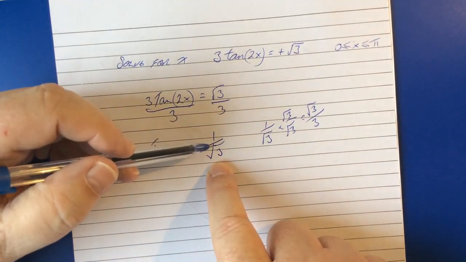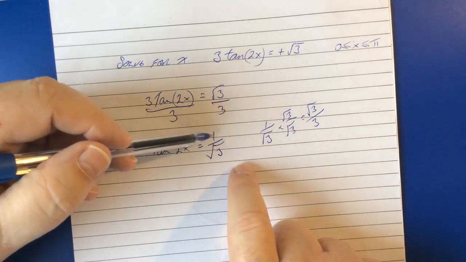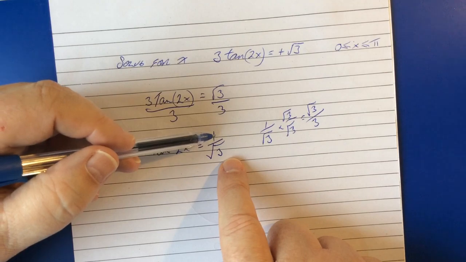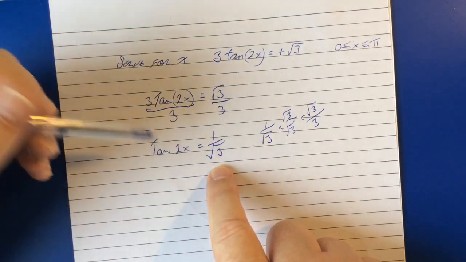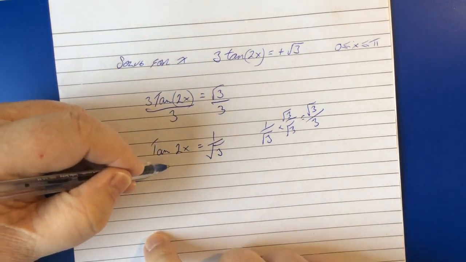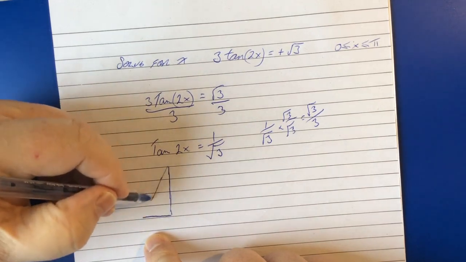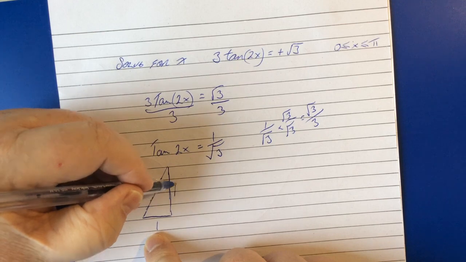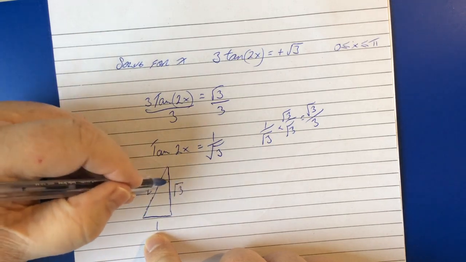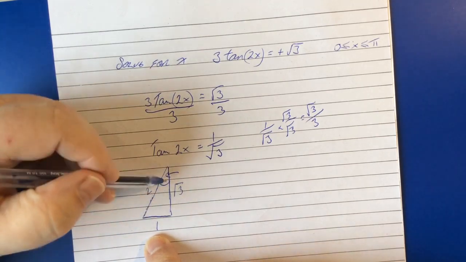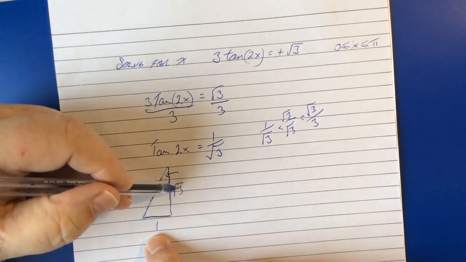Now, what we're looking for is the angle that gives us this initially. So let's have a quick look at that. Draw the appropriate triangle. Up here, the tangent of this angle is 1 on root 3.